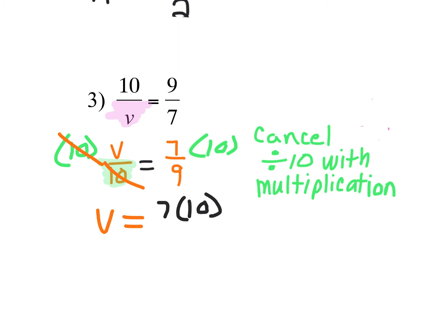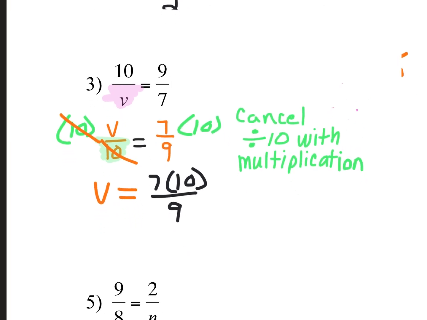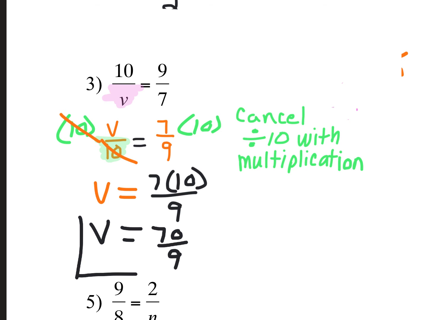And then we're going to take that answer and divide it by 9, because we know that's what a fraction means. And so 7 times 10 is 70. And 70 over 9 is a fraction that is as simplified as this one is going to get. So we're actually going to leave it as 70 over 9.